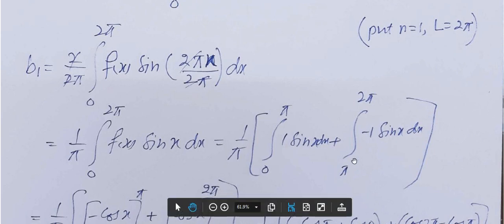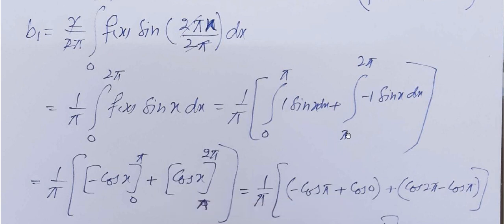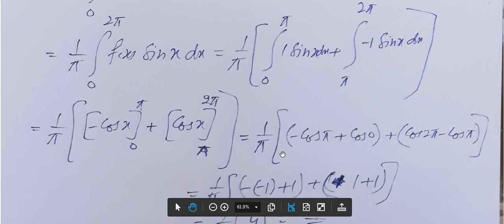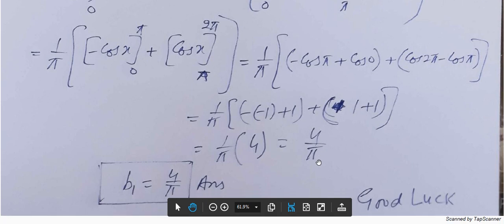Again there is no need to use the integration by parts formula, so you can write the integration of sine x, which is minus cosine x, and the integration of minus sine x is cosine x. You can substitute the values and simplify this. You will end up with 4 over pi. So your b1 is 4 over pi.